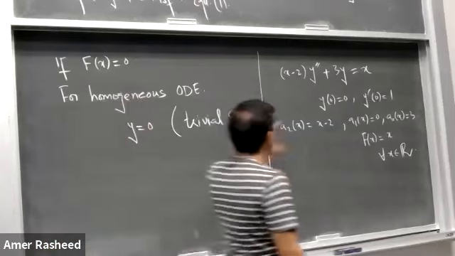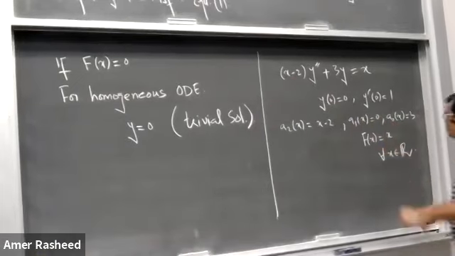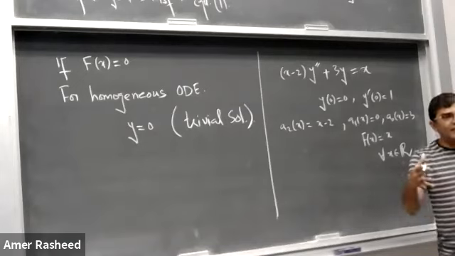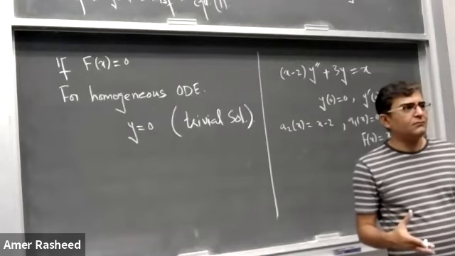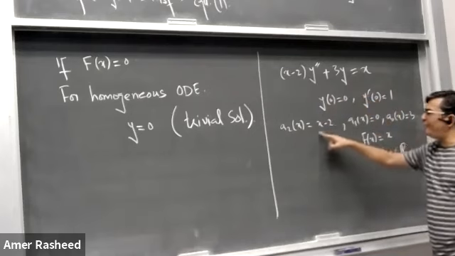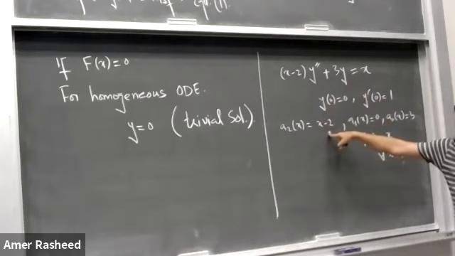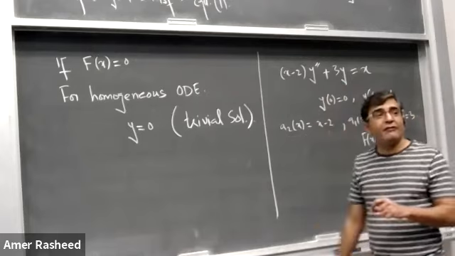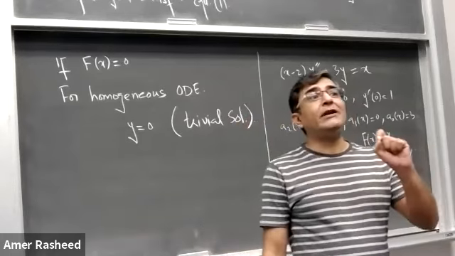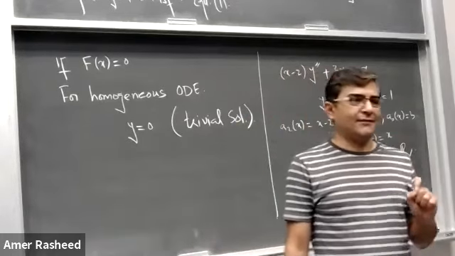Sometimes a problem may not have a solution on R, but it may have a solution on a subset of R. Okay. Now, this a2 of x is 0 at x equal to 2. And the second condition we have written in that theorem is that a2 of x should not be equal to 0 at any value of x.